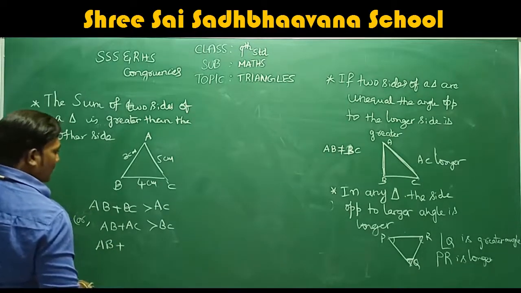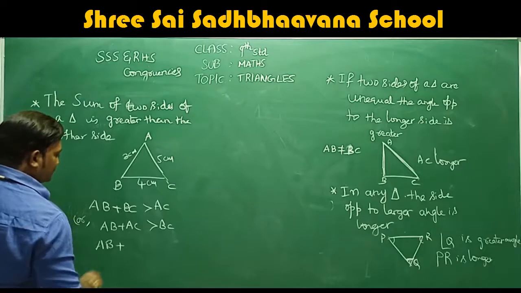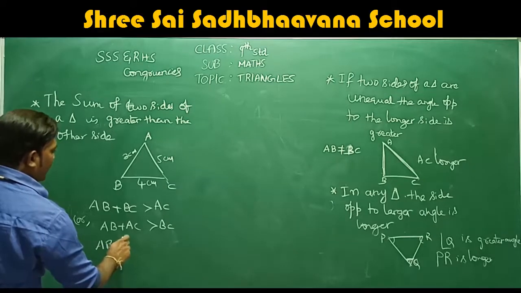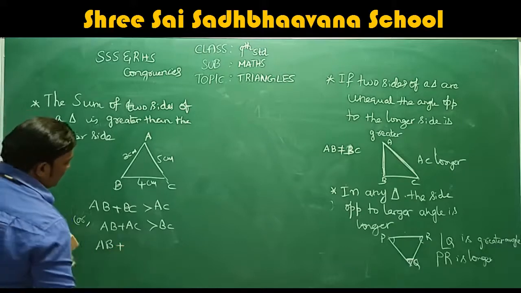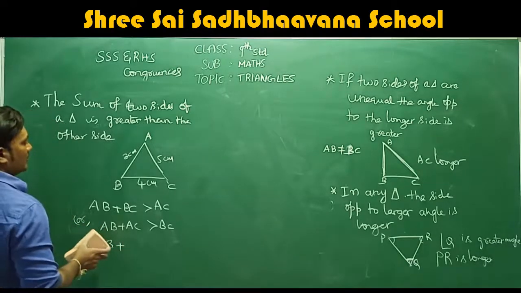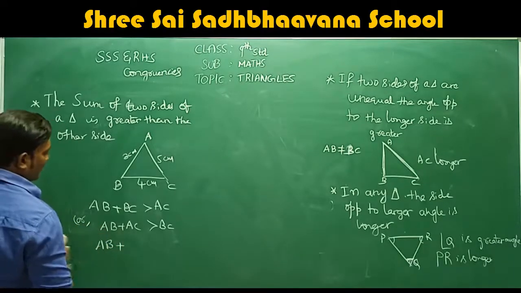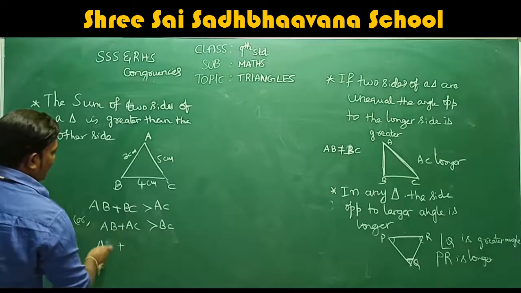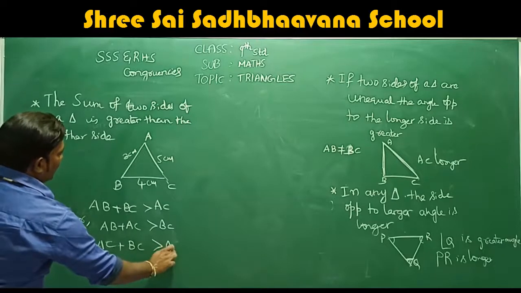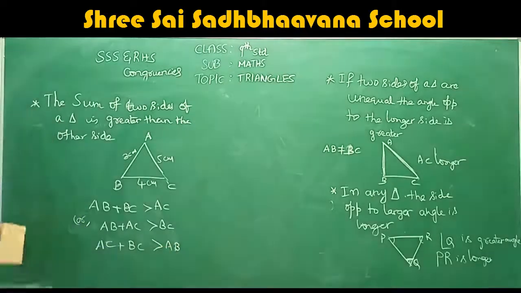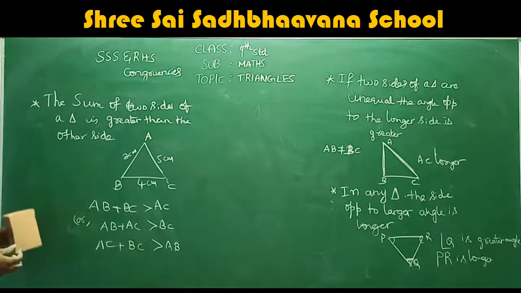AC plus BC is greater than AB. Okay. See, you can try with any two combinations. Always in any triangle, this is the general property.